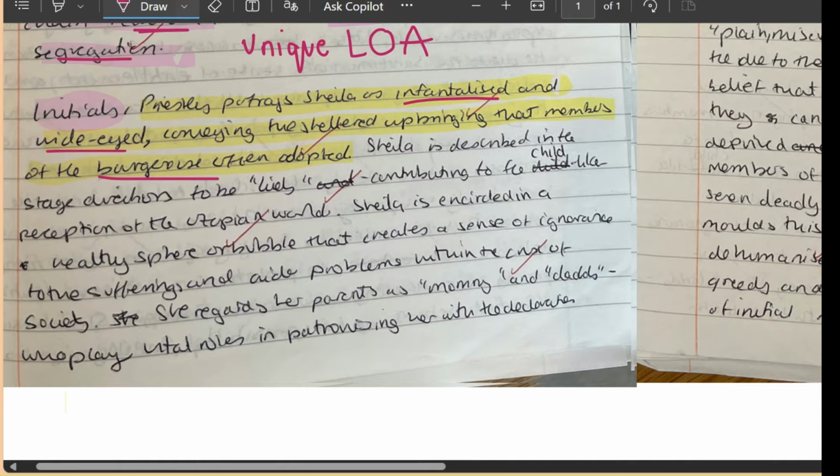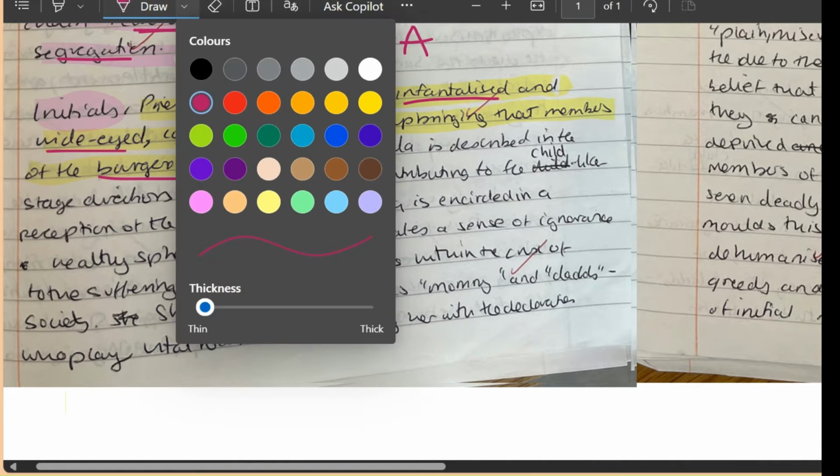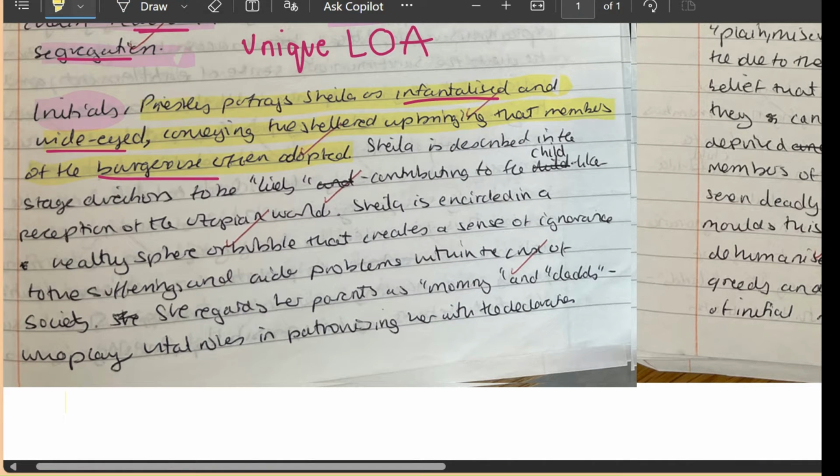Sheila is described in the stage directions to be lively. So we've got some quotations here. Described to be lively. Now, just from this one word, I've said contributing to the childlike perception of the utopian world.